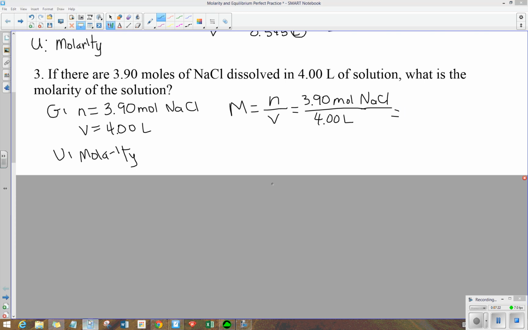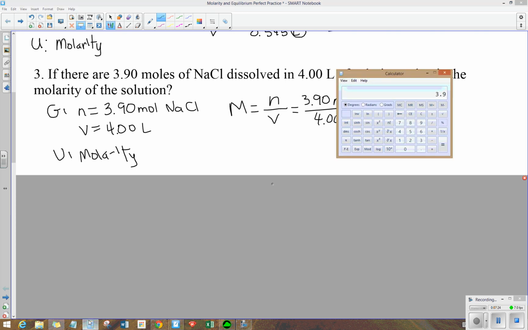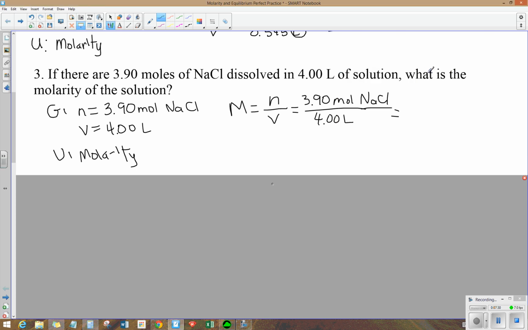So going back to a calculator, 3.9 divided by 4, we get 0.975, 3 sig figs, perfect for our answer. So we have 0.975 moles per liter NaCl.